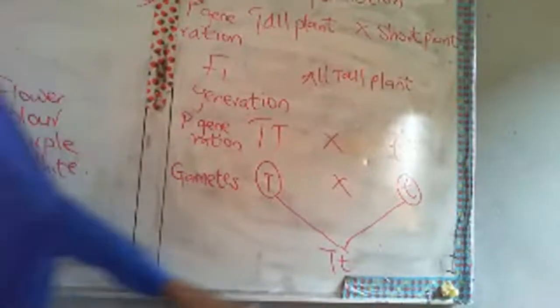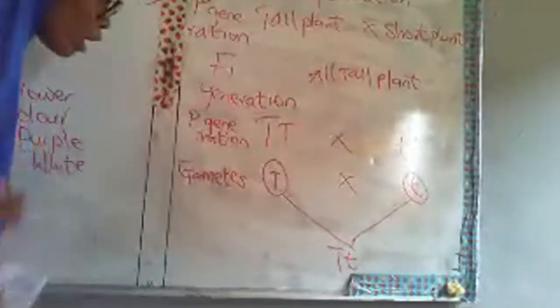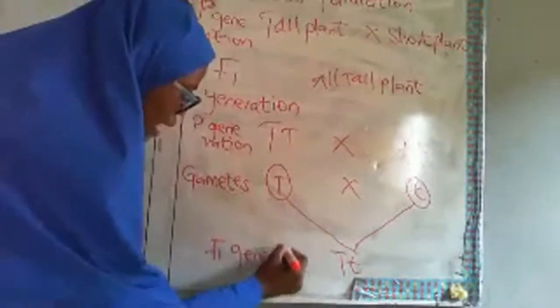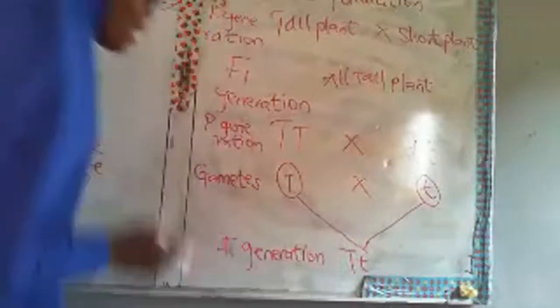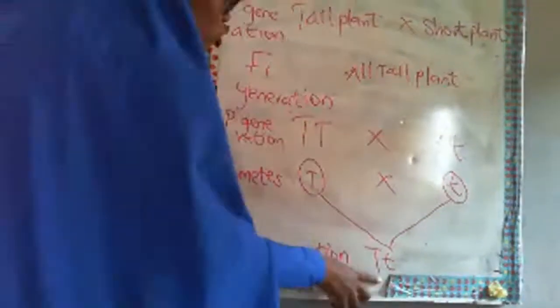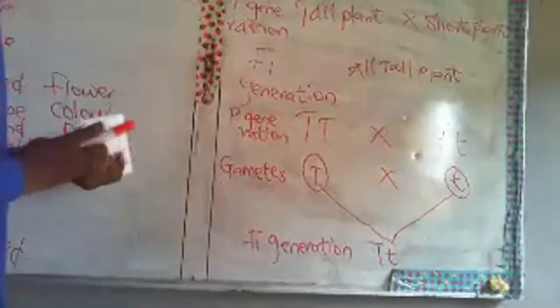This capital letter T, small letter t that they got was the F1 generation. And it is heterozygote, because the alleles controlling the character are different. Then this is a monohybrid.